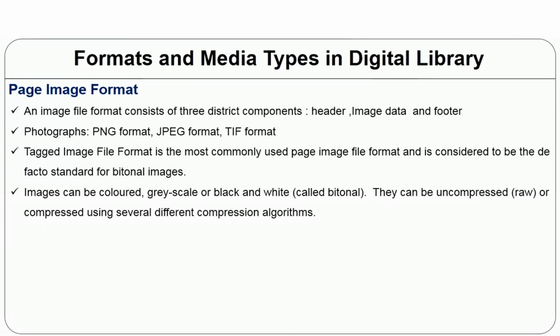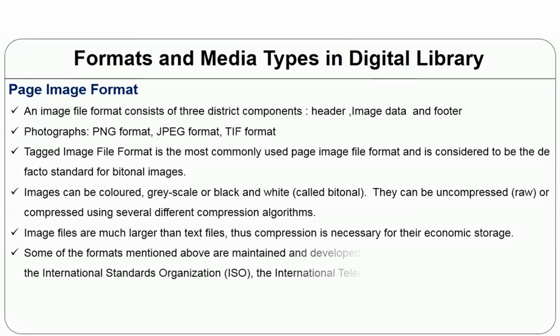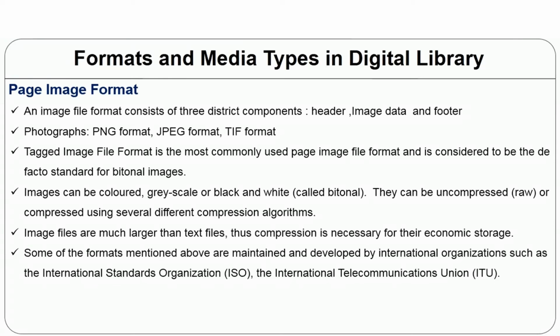Images can be colored, grayscale and black and white. They can be compressed, skewed, cropped, using several algorithms. Image files are much larger than text files, so they need a different format. Compression is necessary because quality images have huge file sizes. Text files are generally very small in size. Some of the formats mentioned above are developed by ISO and ITU.